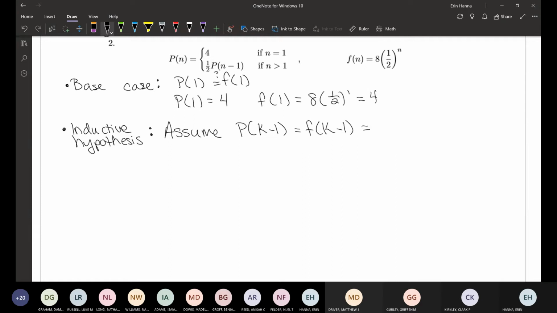And let me just keep going and remind myself what that would mean. That would mean 8 times 1/2 to the k minus 1. And we say this for k greater than 1. Inductive step.